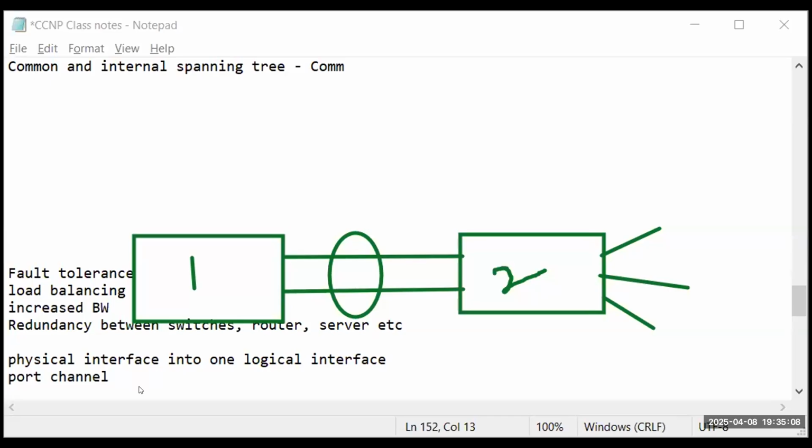That time it can have 4 ports, 8 ports. All ports can be bundled into one logical interface, so that port will have 800 Mbps of speed. That can be achieved on the server side. That's what I mentioned: physical interfaces into one logical interface, redundancy between switches, routers and servers can also be achieved.